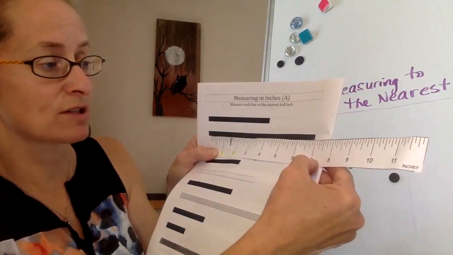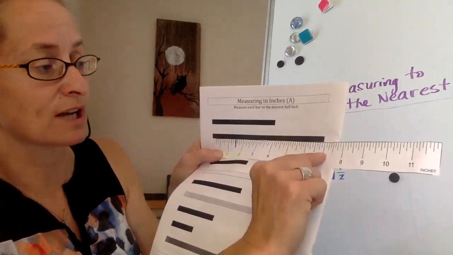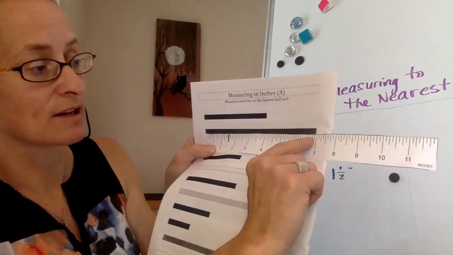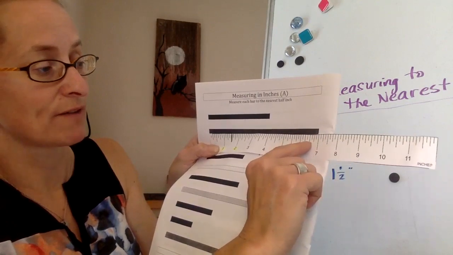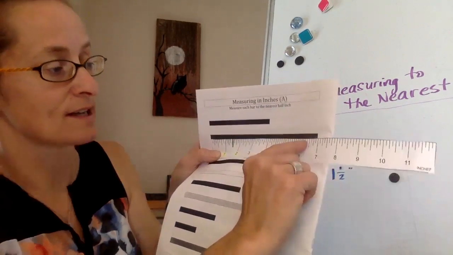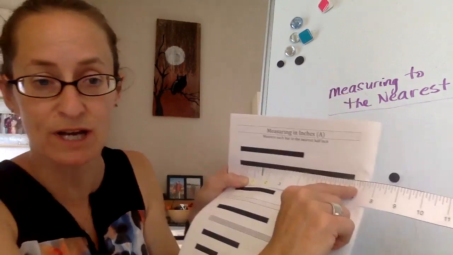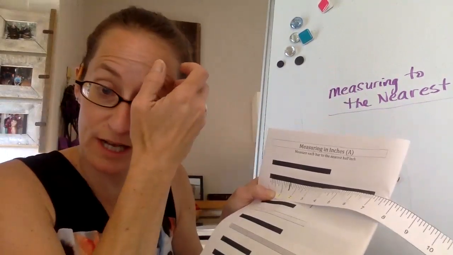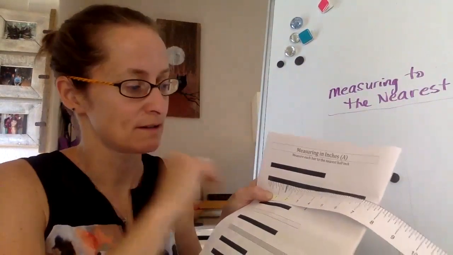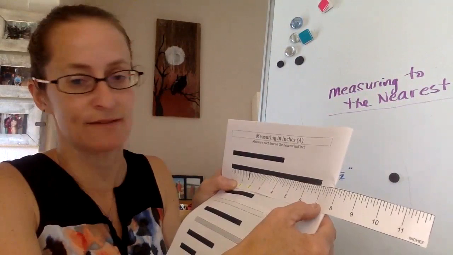So if I measure this to the nearest half inch, it's actually closer to 7 than it is to 6. There's 6.5, but if I count by halves, remember, 5, 5.5, 6, 6.5, 7. When you're measuring, boys and girls, you're going to want to make sure you're going to the next half inch, okay? So the nearest half inch would be 7 for that one.